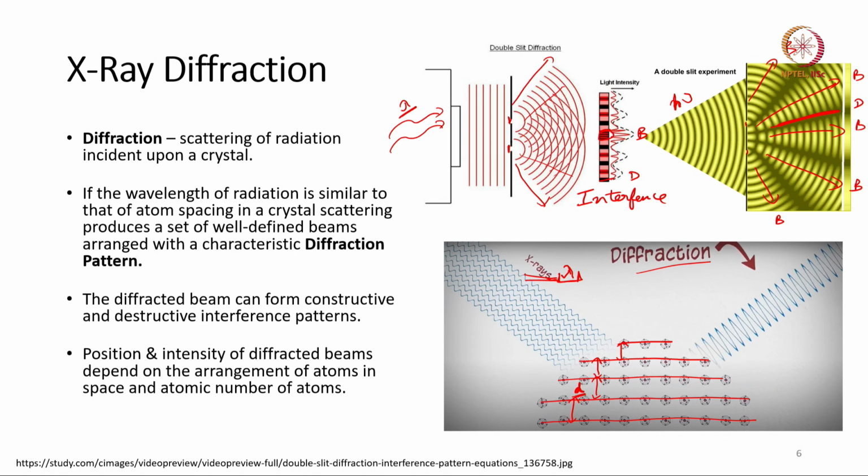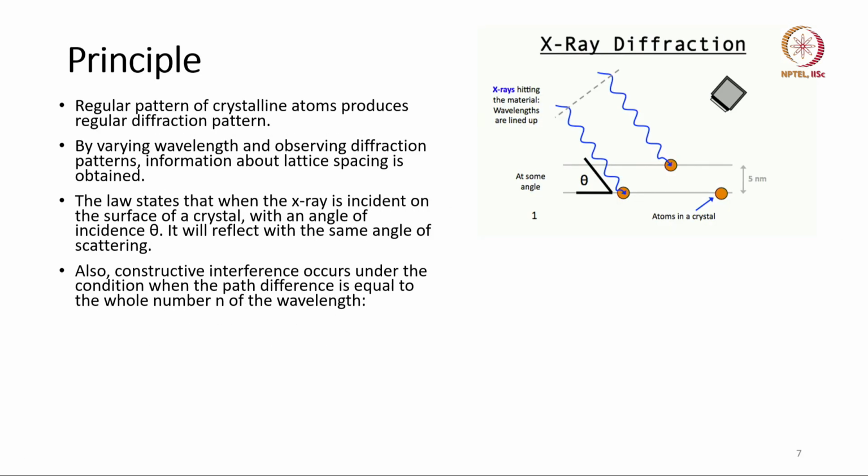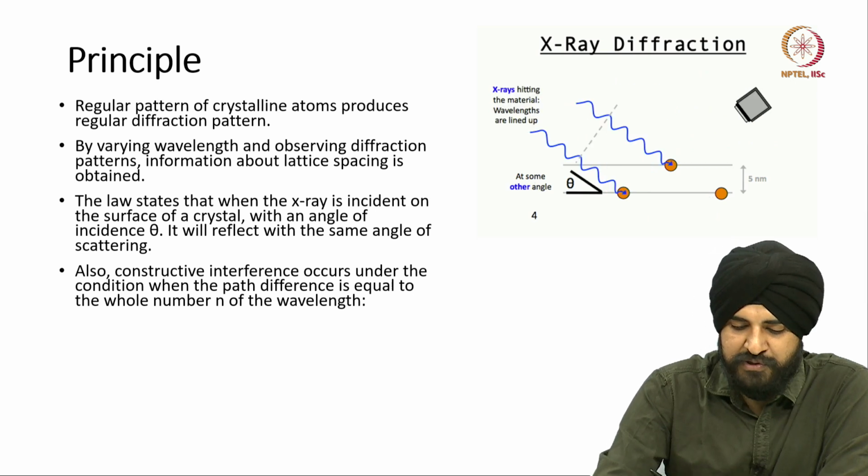Since the interplanar distance is of the order of Angstroms and the wavelength of X-rays is also of the order of Angstroms, we can utilize the phenomenon of diffraction in our XRD spectroscopy. Now, let us come to the basic principle.